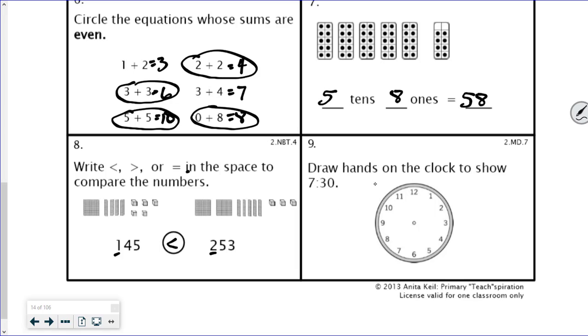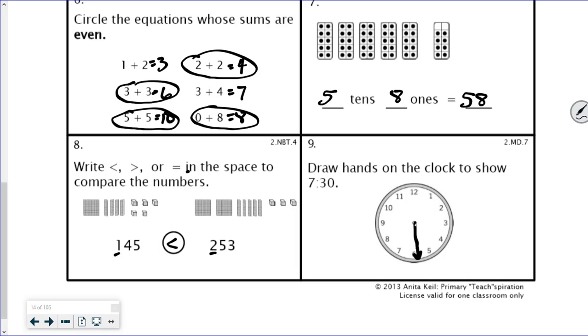Draw hands on the clock to show 7:30. So 7 is my hour and 30. So I'm going to start with that 30 because I know 30 points straight down. I know that's not very straight. Let me try that again. It's better.